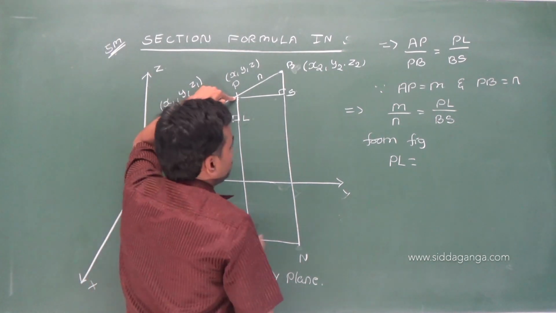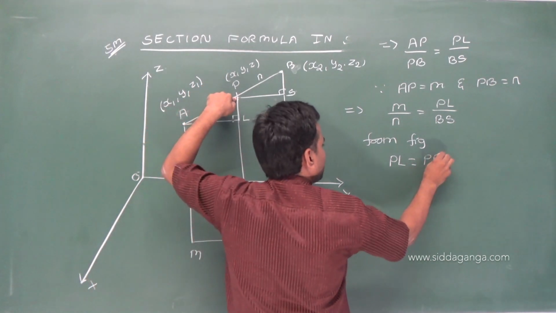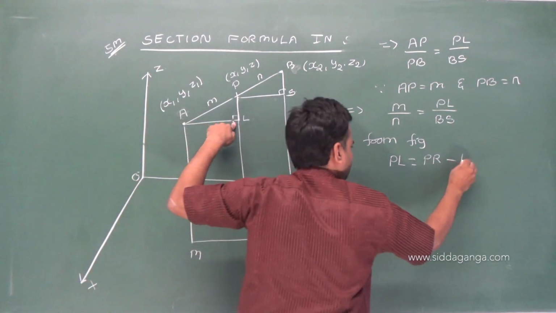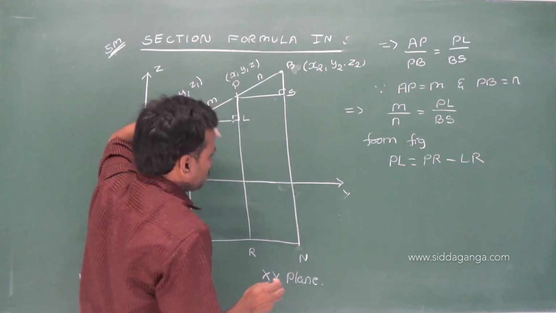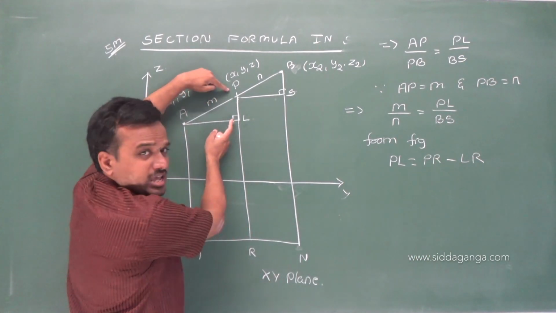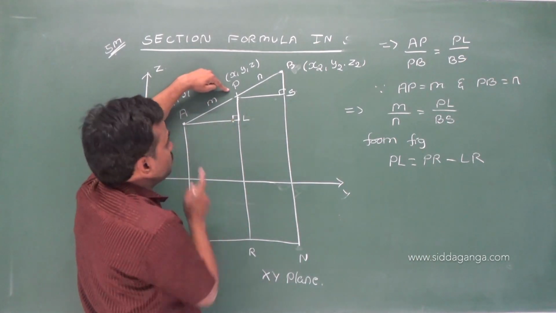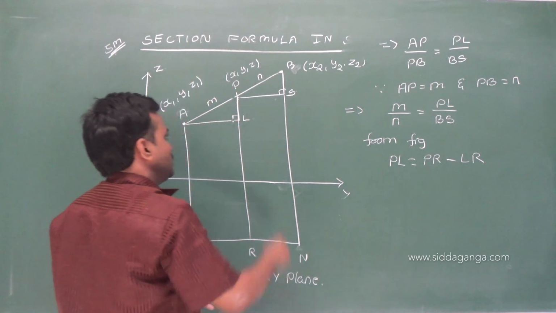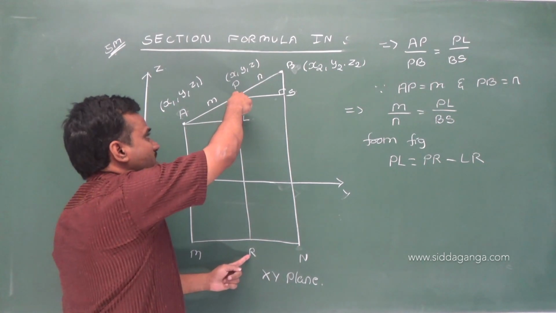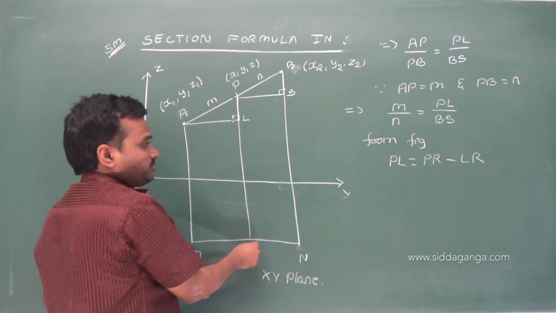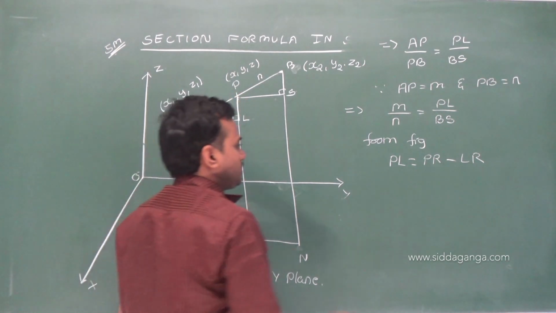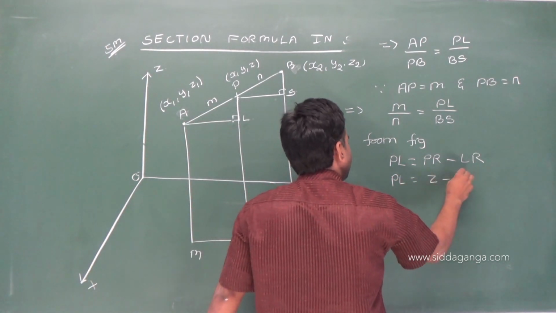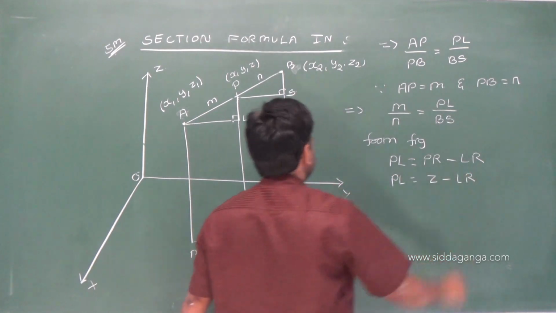PL is equal to PR minus LR. PR is nothing but the coordinate of Z, so PL is equal to Z minus LR.